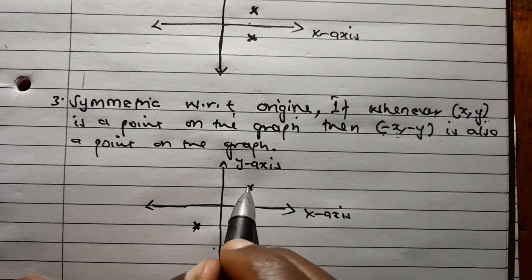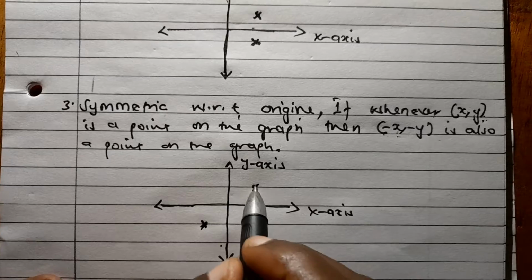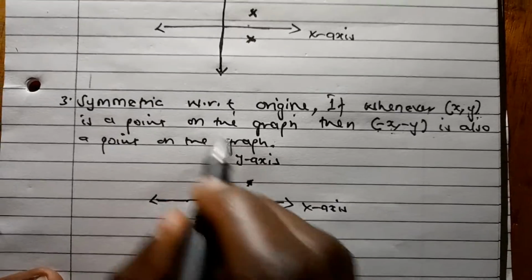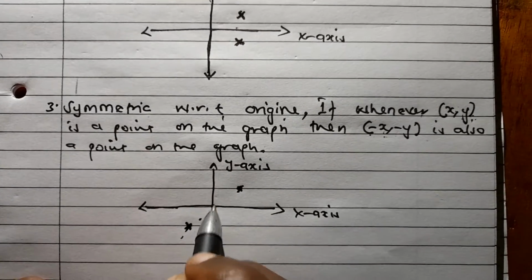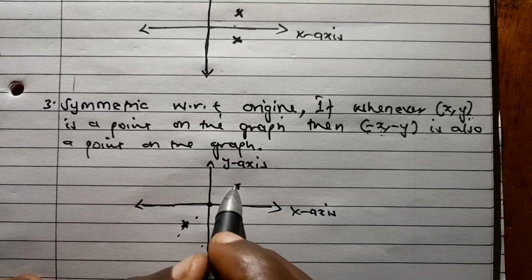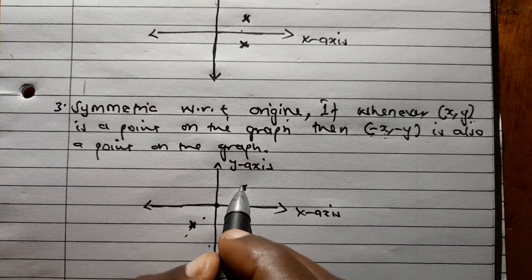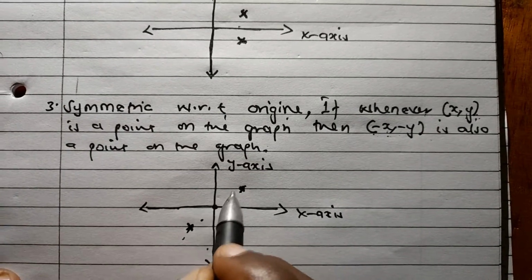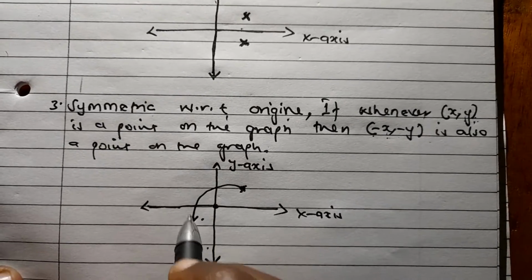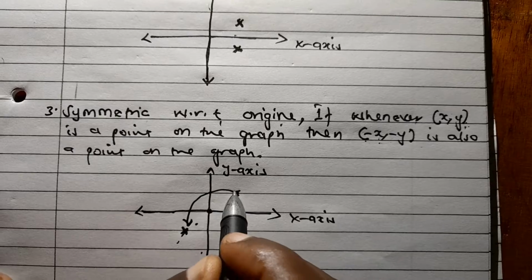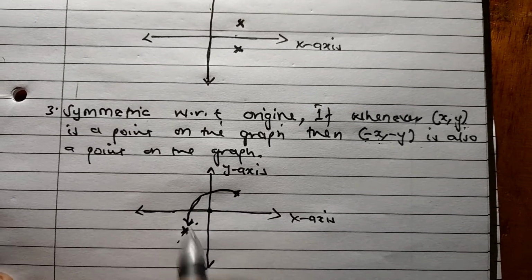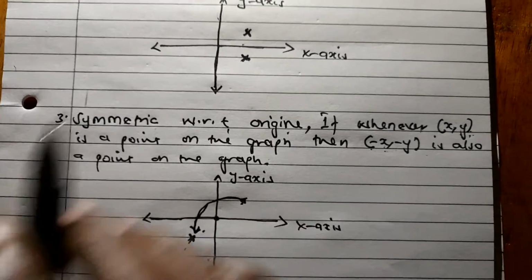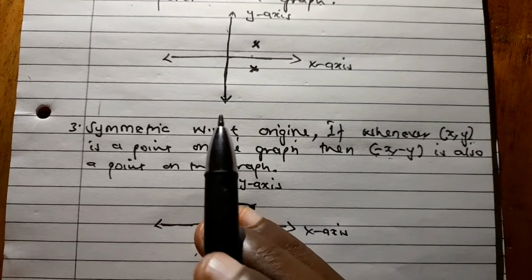And we are saying that this graph will be symmetric with respect to the origin, and this is the origin. You realize the point here is actually rotated through an angle of 180 degrees. So the graph remains unchanged through an angle of 180 degrees. And with that, we are done with symmetry.